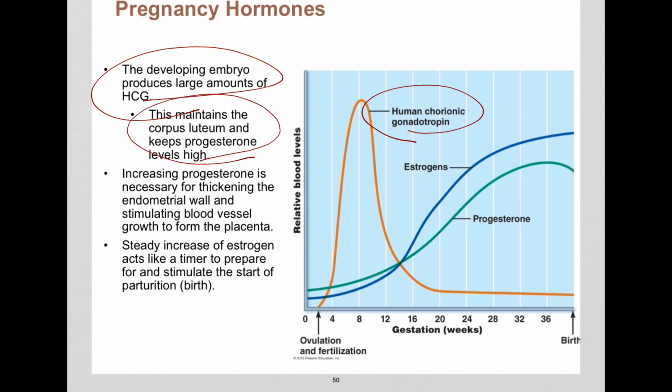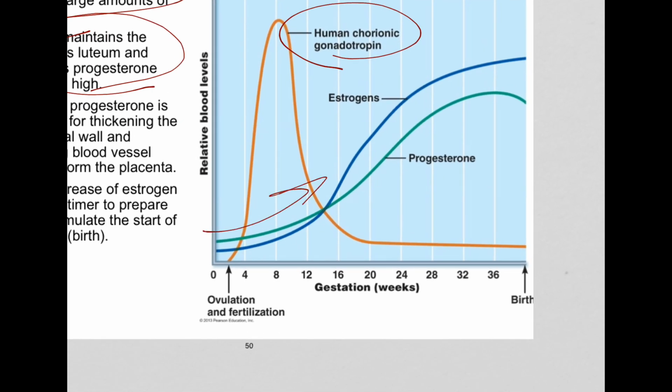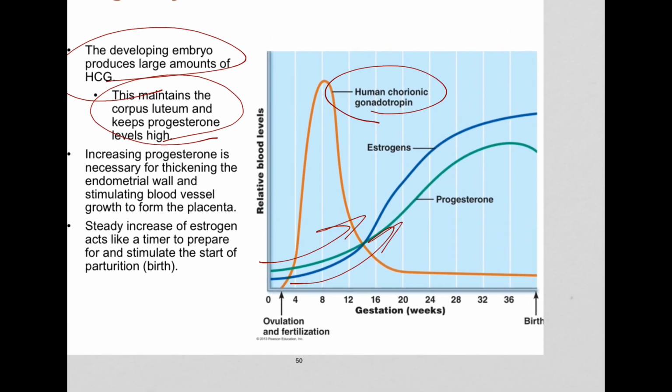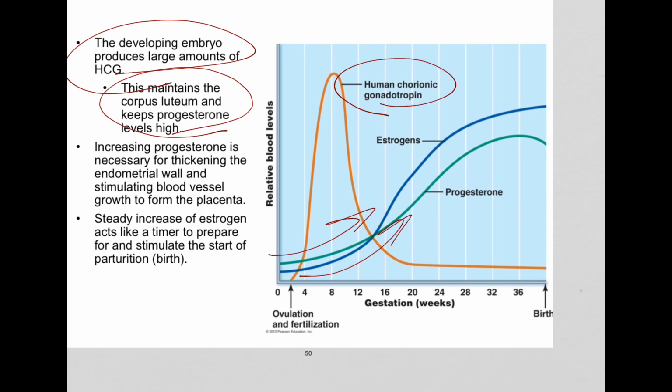That's the growth stimulus to keep the corpus luteum around and have it continue making more and more progesterone. That's why progesterone levels rise. That's why estrogen levels rise. And this is what continues growth of the uterus, development of the placenta and the umbilical cord and everything. So HCG is really the trigger that separates a menstrual cycle with no pregnancy from one with pregnancy.